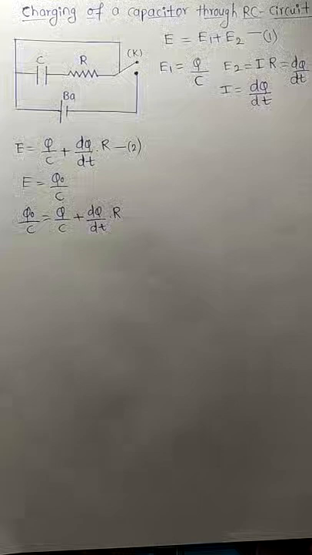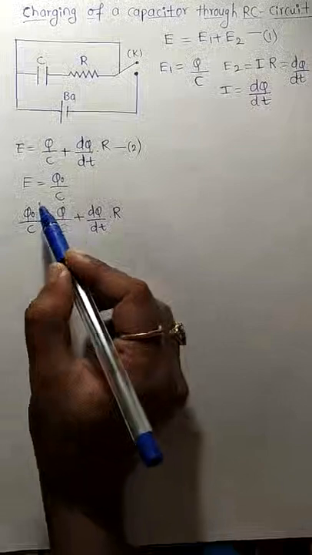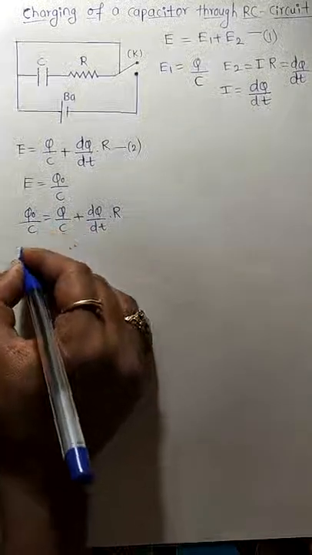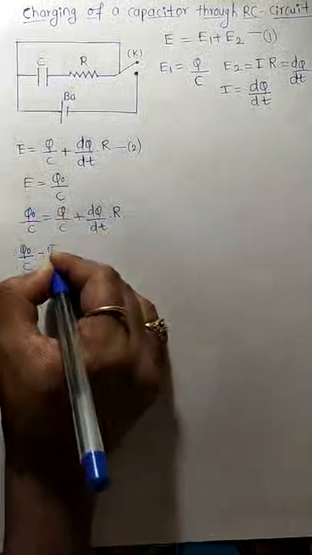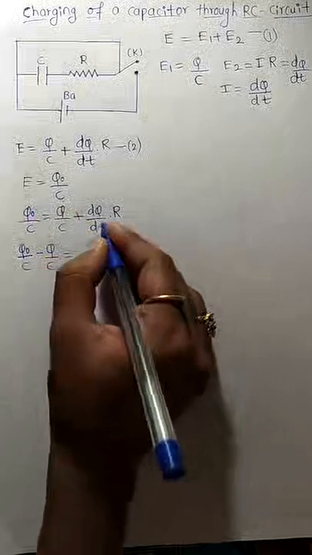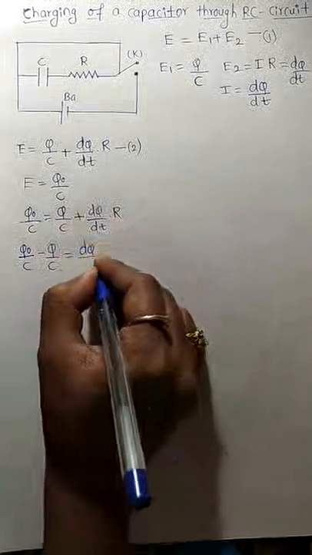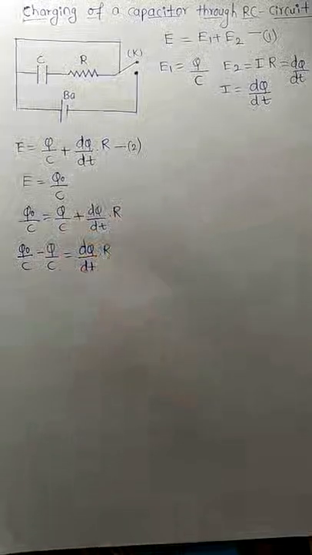Now I'll make the terms in one side. So I'll take Q by C to the LHS side. So does it become negative? So your equation becomes what? Q naught by C, when it comes to this side, minus Q by C is equal to, this will be as it is, there only it will be there. So what we are getting: dq by dt into R. We got the equation. Okay.